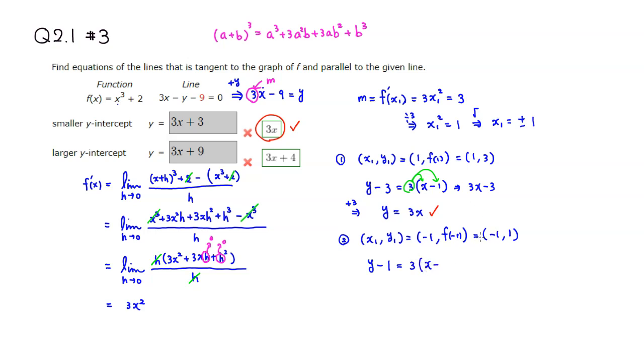So minus negative 1 would be plus 1. If you want, you can distribute 3 to x and the positive 1. You get 3x plus 3. Then the last step would be to add 1 to get rid of the negative 1. So y is equal to 3x plus 4, which is the second answer that they are looking for.